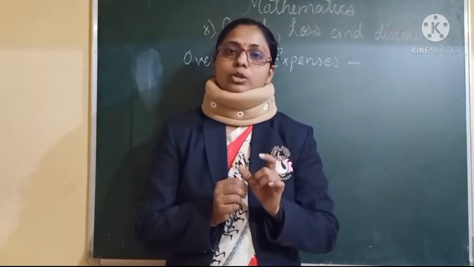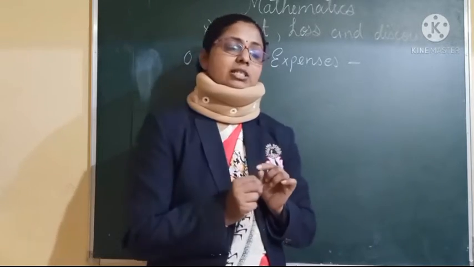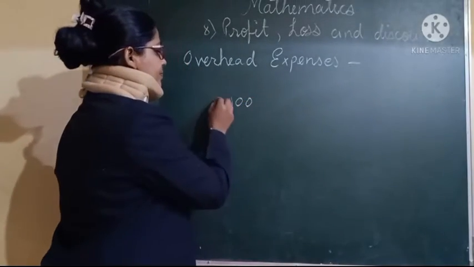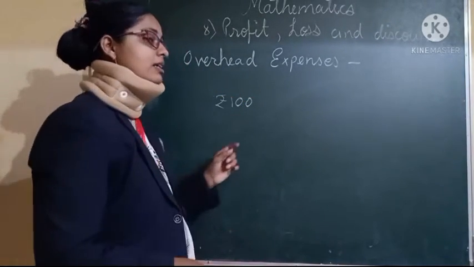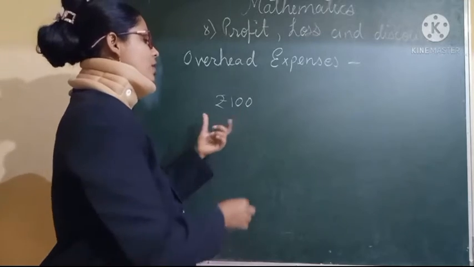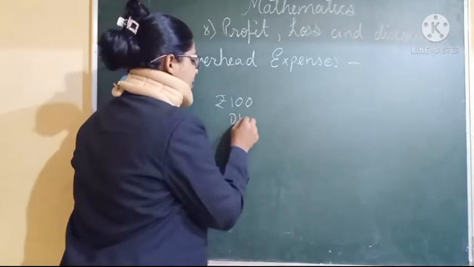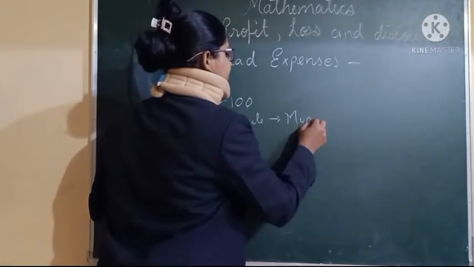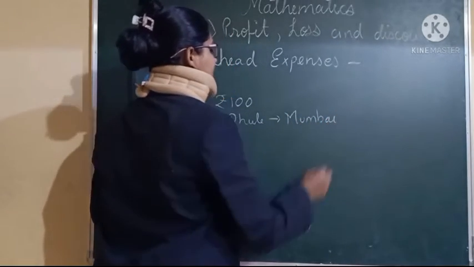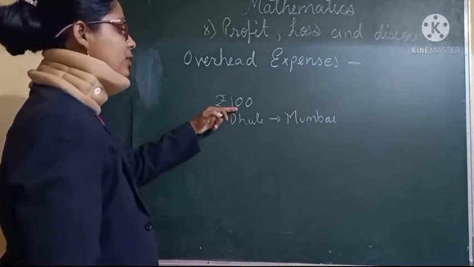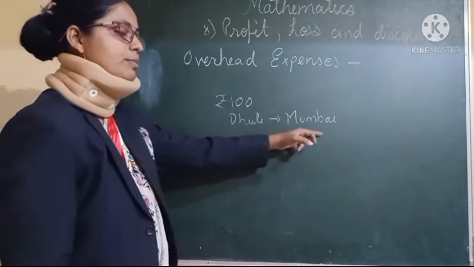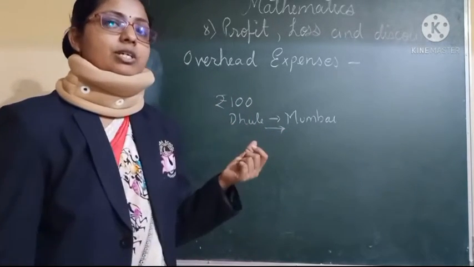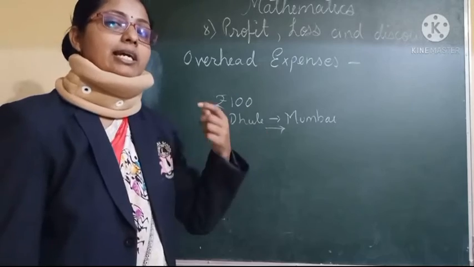Shipping cost means whatever the transportation is, that is the additional cost given to that particular object. In the same way, if I am purchasing an object for 100 rupees, and I am taking this object from Dhule to Mumbai, whatever the transportation charges are for that object will be the additional expenses.